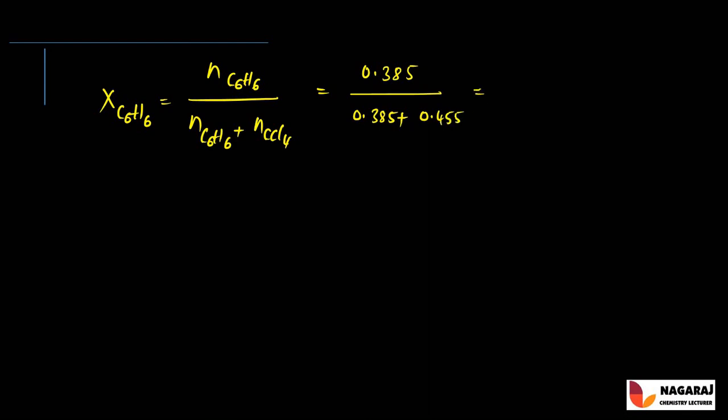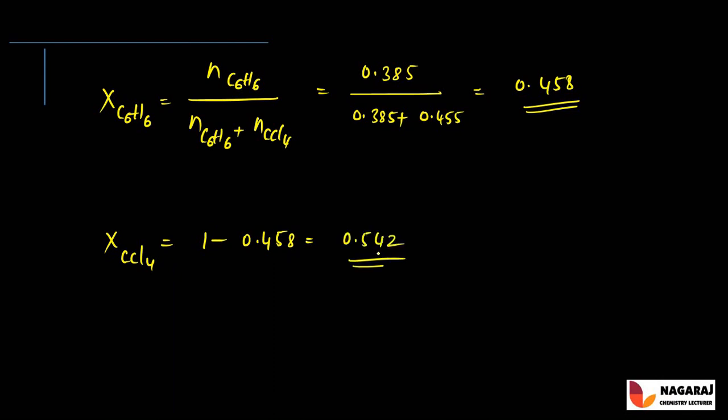So on simplification, it gives 0.458. Similarly, the mole fraction of CCl4 is equal to 1 minus 0.458. So it is 0.542. So the mole fraction of benzene is 0.458 and the mole fraction of the carbon tetrachloride is 0.542. So this is the method used to calculate the mole fraction of the components present in the solutions.